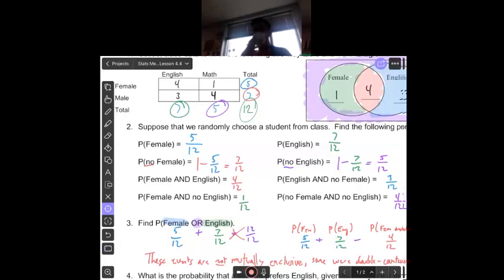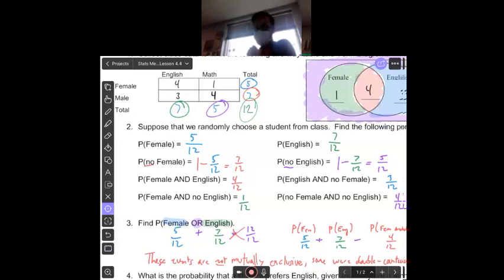The complement and the event itself would always have to add up to 1. So if I know the probability of the event, I could find the probability of its complement by subtracting it from 1. This is essentially like 100%. So 100% minus whatever percent this is would be whatever fills up the rest of the 100.